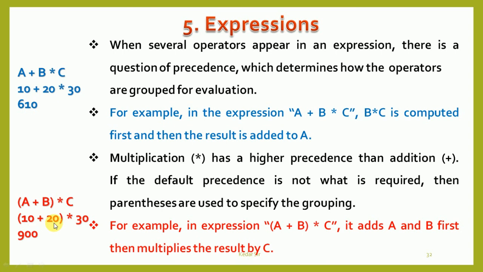So 10 plus 20 is 30, 30 multiplied by 30, so it will display the result 900. This is the simple mathematical rule you apply. And if you have to specify, then use the grouping option and use round brackets.